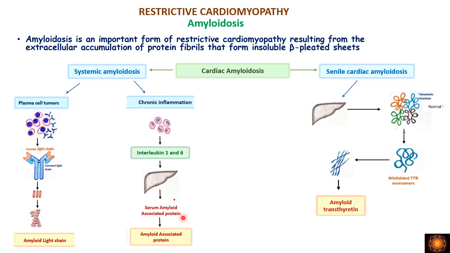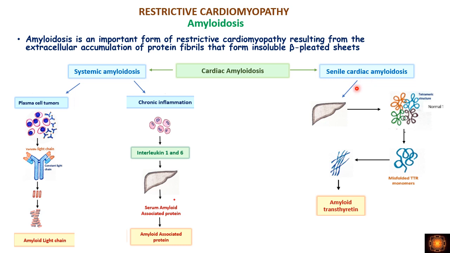Now this is deposited in multiple organs along with the heart. So here the deposition of amyloid in the heart occurs as a part of the systemic process. Whereas in another condition, senile cardiac amyloidosis, mainly only the heart is involved.